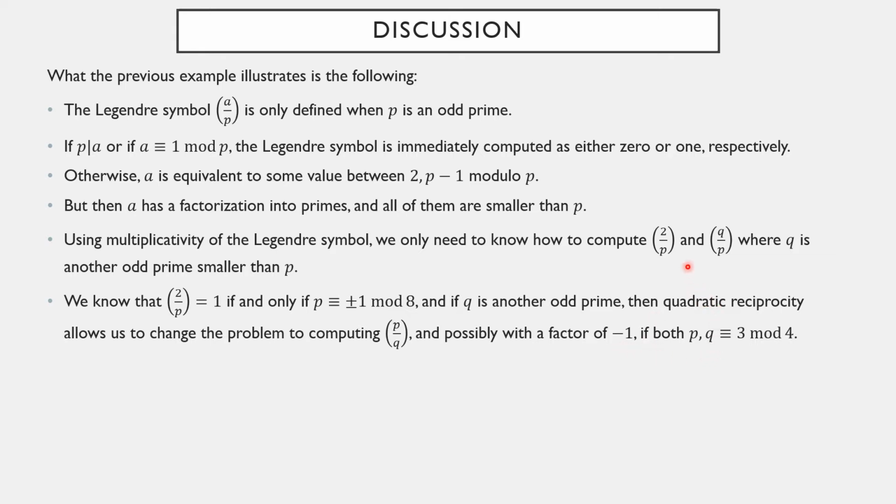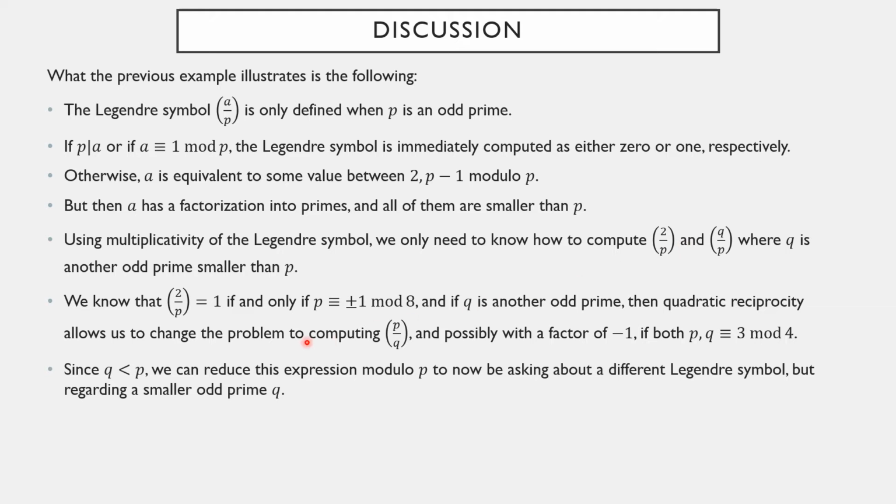So when you get a 0 or a 1 up top, easy. When you get a 2 up top, we have this nice formula here. When you have anything else, you split it up into the product of primes, and now you have other odd primes over P. But since Q is smaller than P, P is larger than Q, so you can then reduce this number modulo Q and have a different Legendre symbol where that number up top has gotten smaller, and you are talking about modulo Q, a smaller prime.